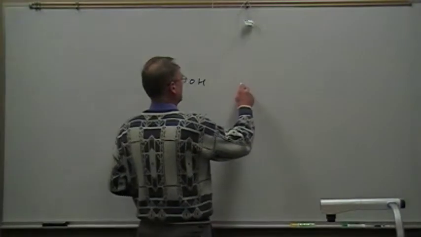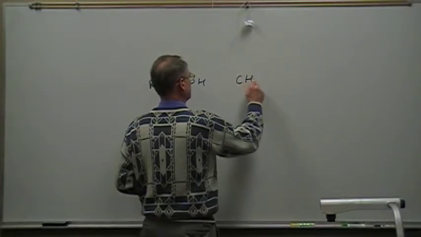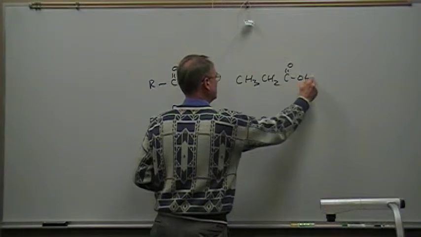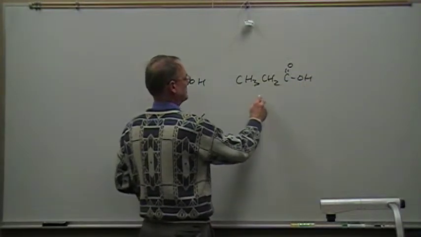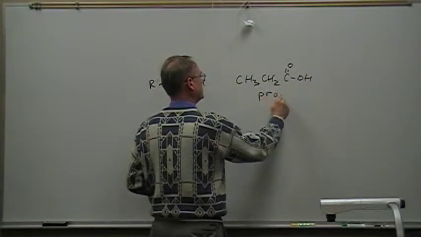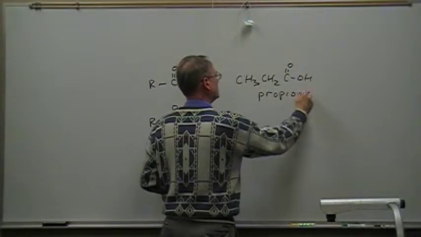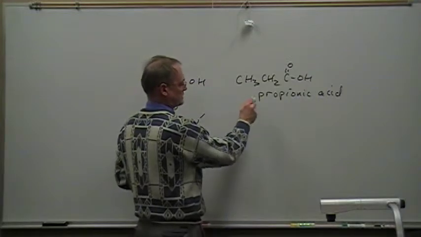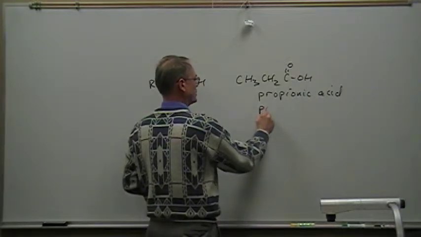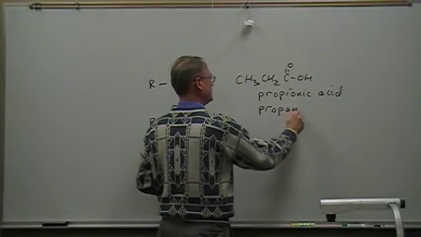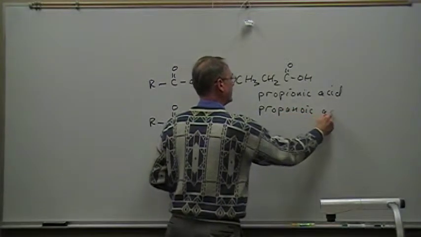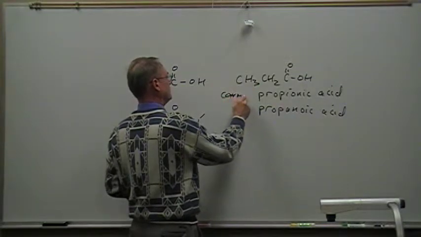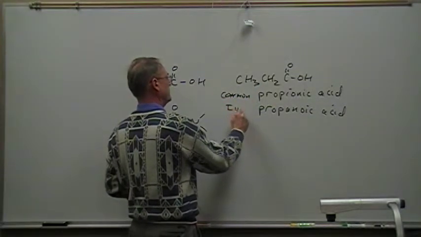So this compound in the common system is propionic acid. That's the common name. In the IUPAC system, it's propanoic acid. This is common. This is IUPAC.